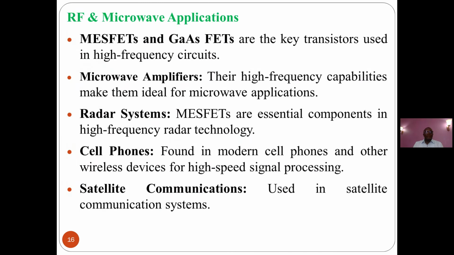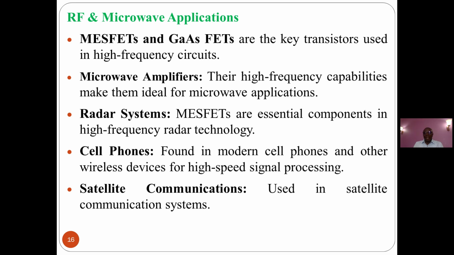The most important place they find use is in radio frequency and microwave applications, where MOSFETs and gallium arsenide field effect transistors are the key transistors in use for these high-frequency circuits. They are also used as microwave amplifiers.